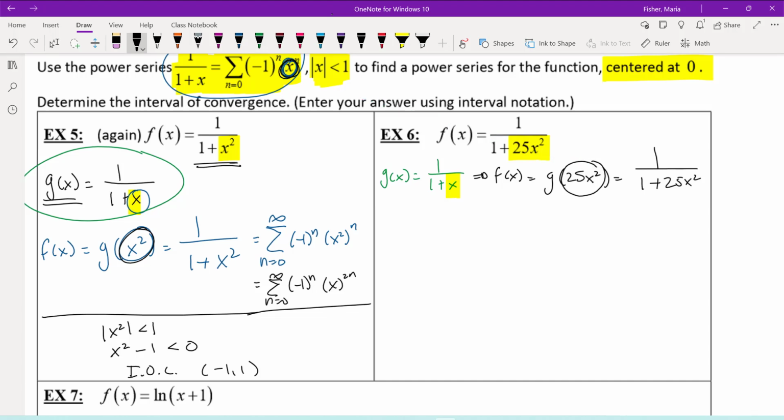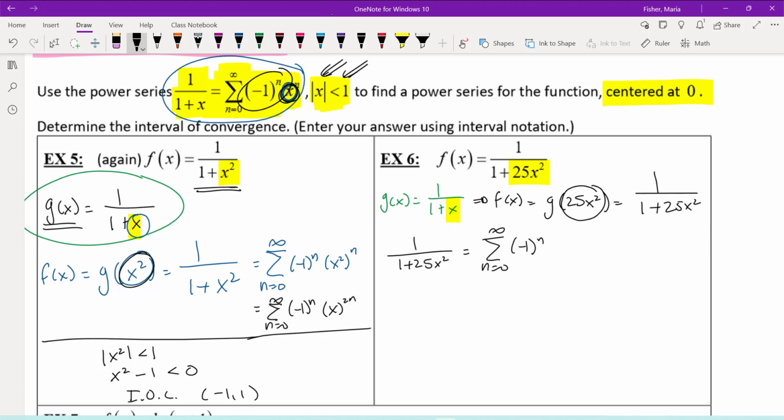If we want it to be the series, this is going to equal the sum from n equals 0 to infinity of negative 1 to the n, because we're just copy pasting what our series is here, negative 1 to the n, but instead of the x, I write what was in those parentheses, and that's going to be 25x squared, and that still gets raised to the nth power.